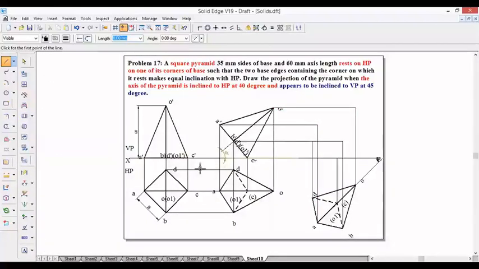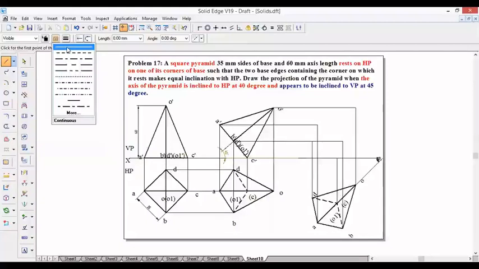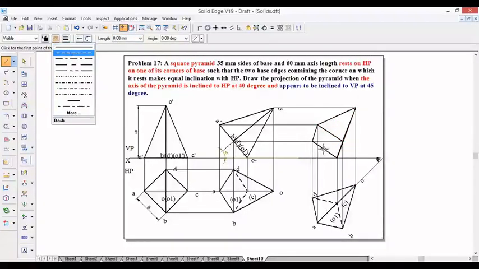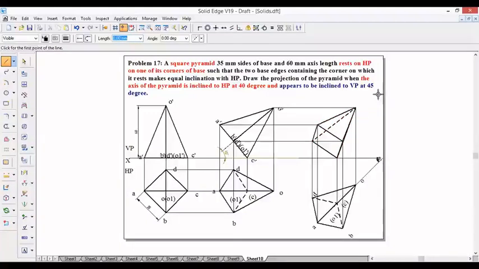So here also the base is going to be visible, hence the base edges are going to be visible. So this is the projection of A, B, C and D, and the outermost edges OA, OB and some portion of OC are also visible, but the OD is going to be invisible.